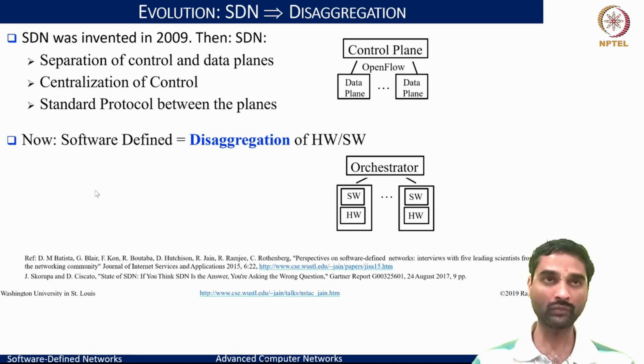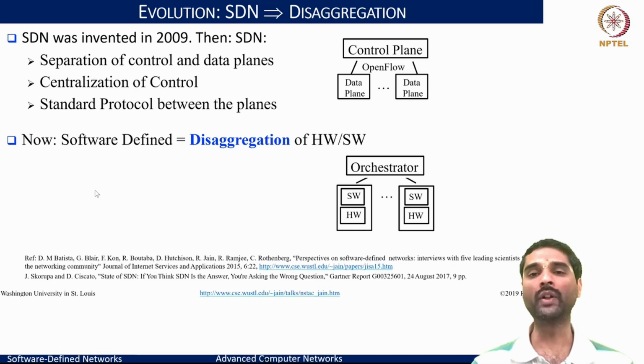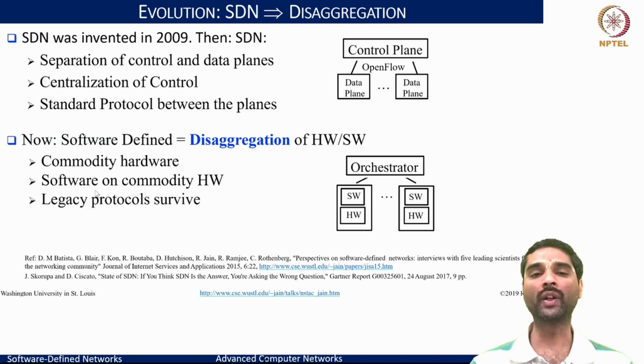Now, taking this a bit forward, we can disaggregate this into commodity hardware itself. Just as how we use our PCs, which are commodity or off-the-shelf hardware, we could build these routers on top of our regular laptops or personal computers and make use of hardware and software to build them. And in a way, we can have full control over what hardware we can use and what software layer we would want to push.